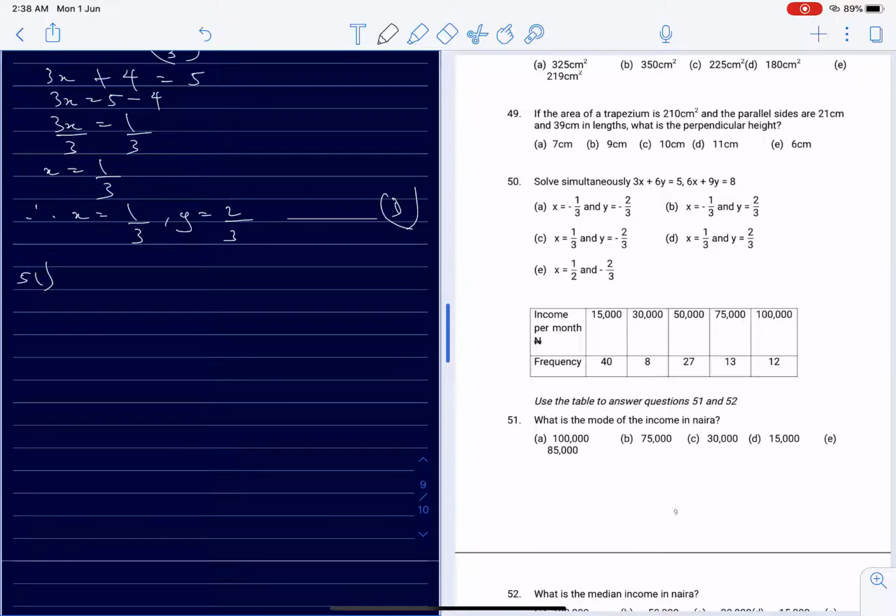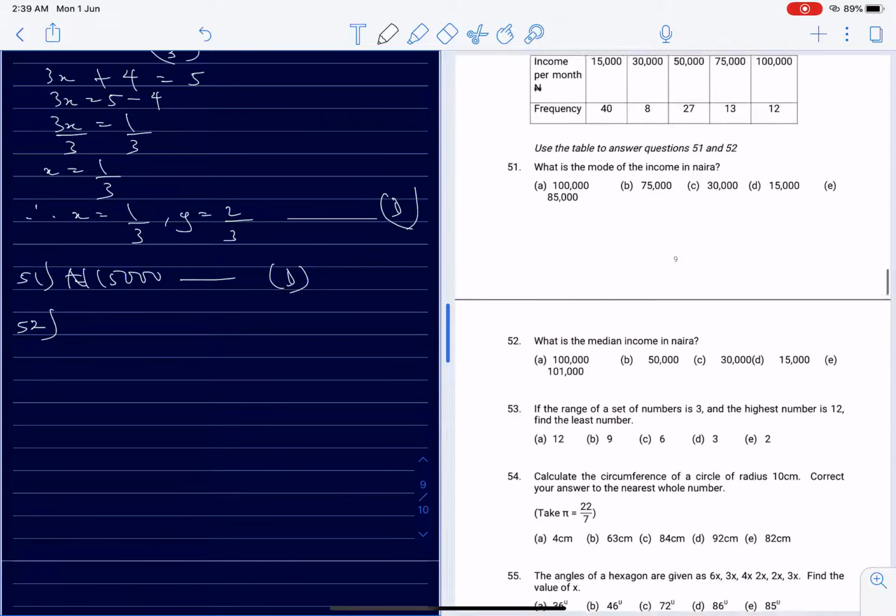The mode of income in Naira is the income with the most frequency, or the most received income. The highest frequency is 40, and the income that has that frequency is 15,000 naira. So the mode is 15,000 naira. That's D.